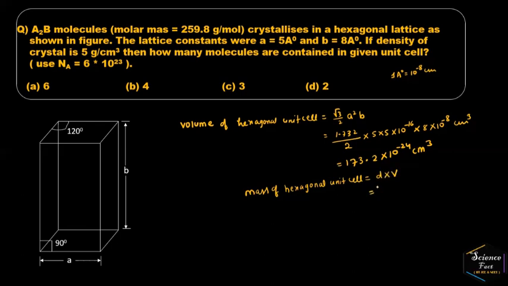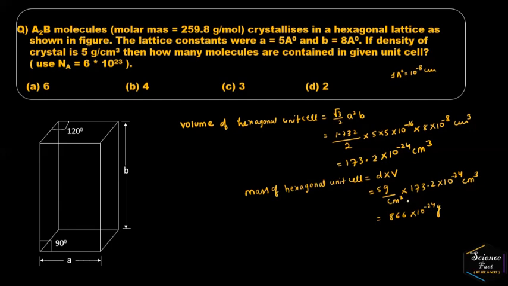Here density is given as 5 gram per centimeter cube, into the volume, that is 173.2 into 10 to the power minus 24 centimeter cube. Finally, we will get 866 into 10 to the power minus 24 gram.